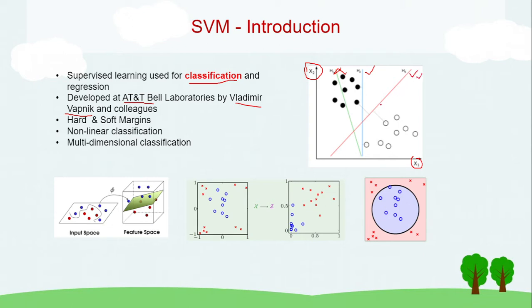The reason is it has a good margin. In this case, tomorrow if we get some data like this, very close, it will say false, right? Similarly, when we have some data like this, it will say true, which is not good. Whereas if you have a hyperplane like this, even if you get this data somewhere here, it will still classify it correctly. So that's why this is a good hyperplane.